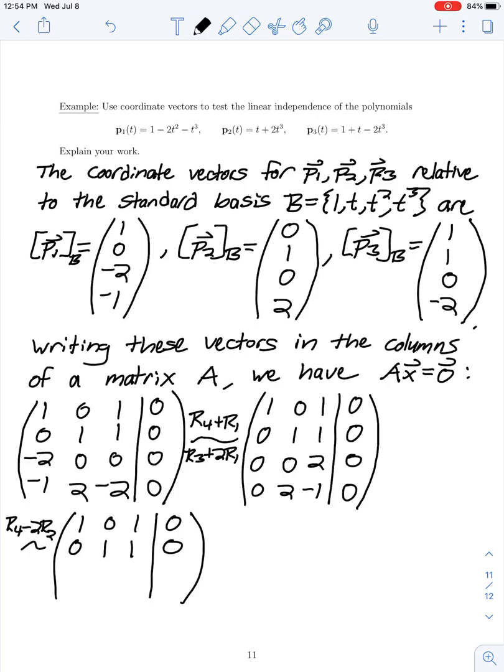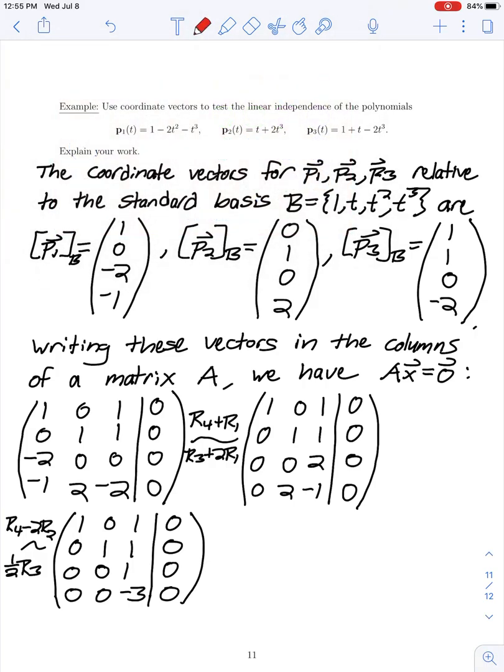Our third row, we could simplify as well in the step by taking half of row 3, so we have 0, 0, 1, 0. And performing the indicated operation on row 4, we have 0, negative 2 plus 2 is 0, negative 2 minus 1 is negative 3, and 0.